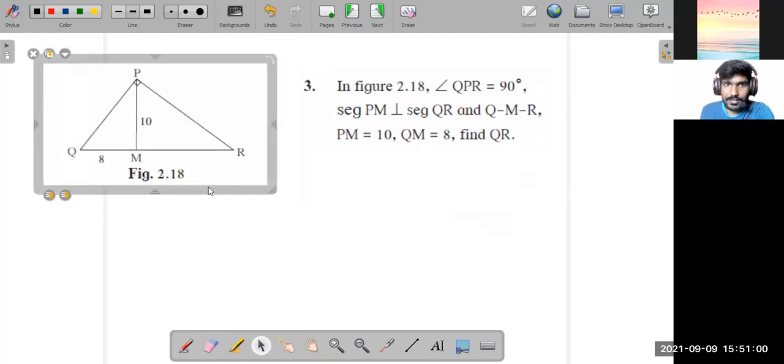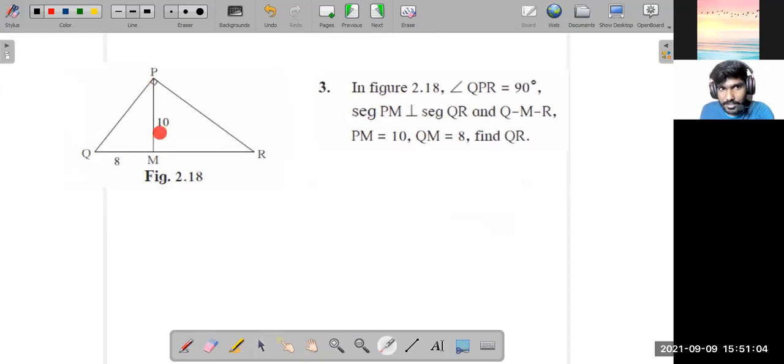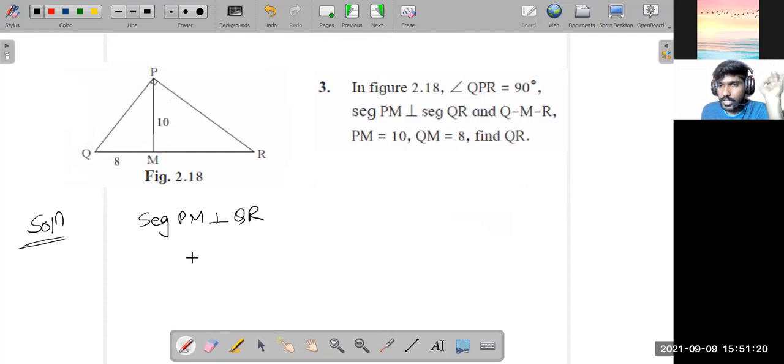You should have done this one and told me to do the earlier. This is given. More work over here. So here, segment PM is perpendicular to QR. This is given to you, correct? So now you use the geometric mean theorem.